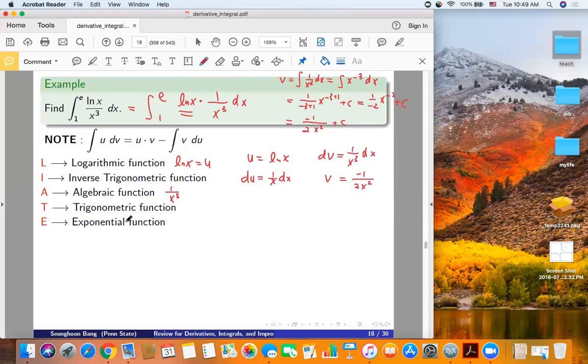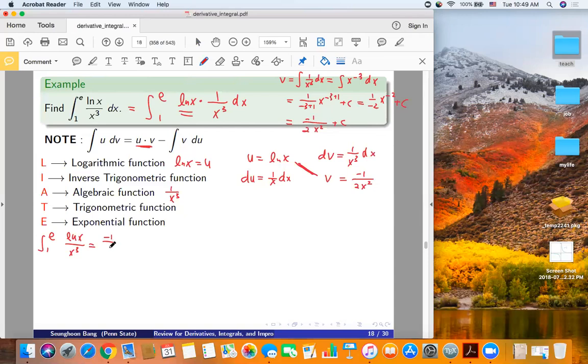So what is the integral from 1 to e of ln x over x cubed? You can use integration by parts, u times v.